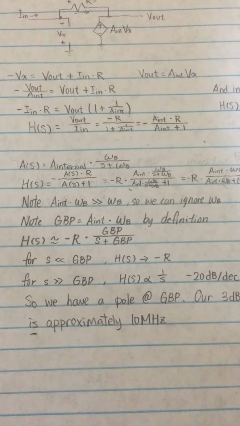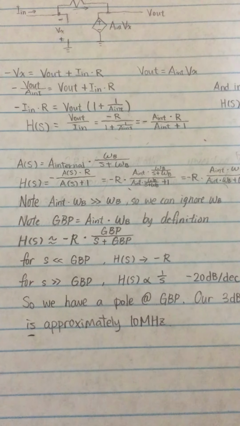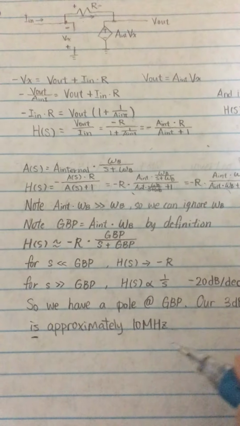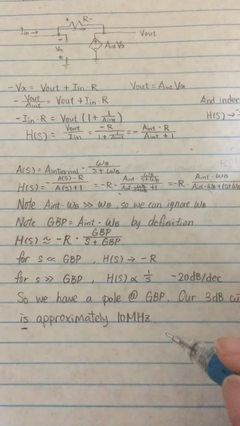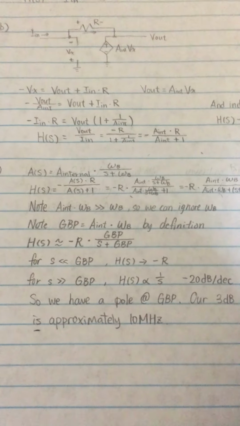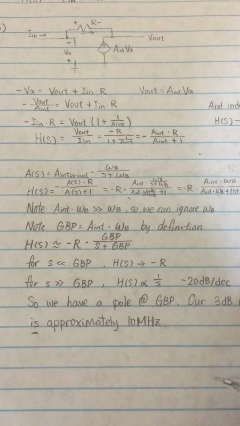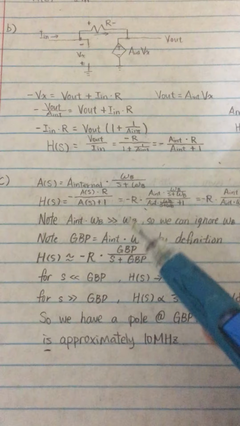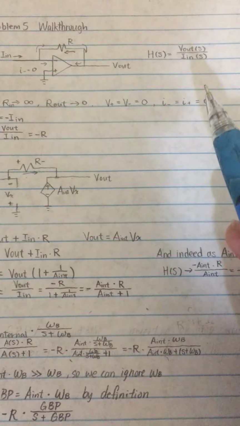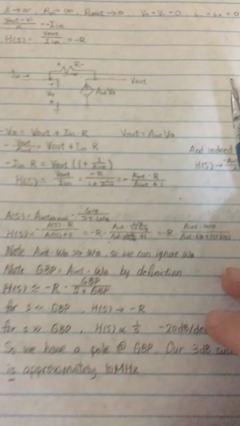So that's when the magnitude plot of the gain goes to 0 dB, and that's when the HS of this transfer function will start to get affected.